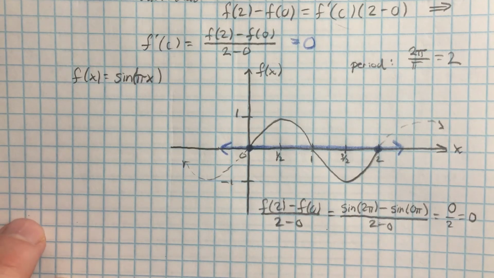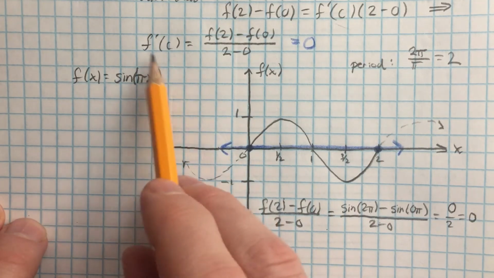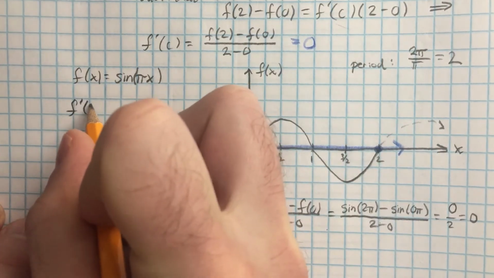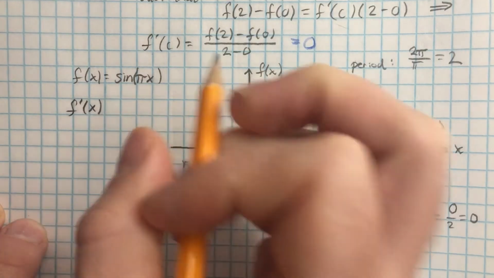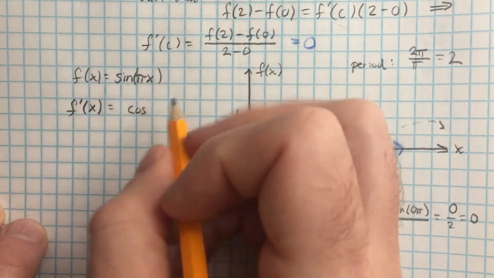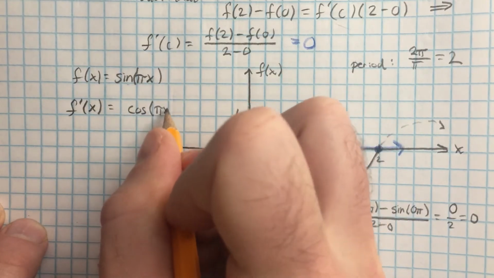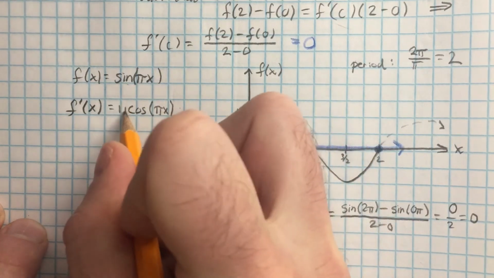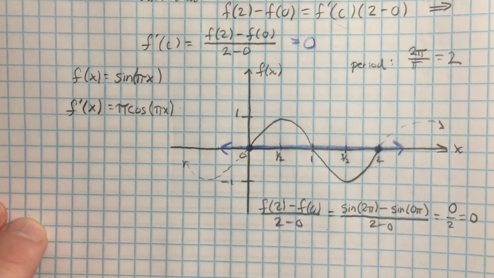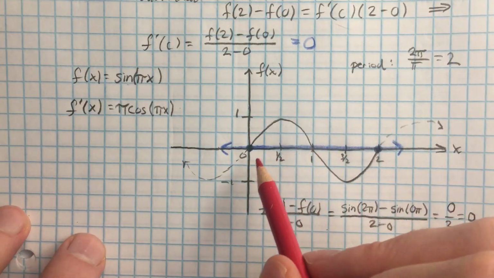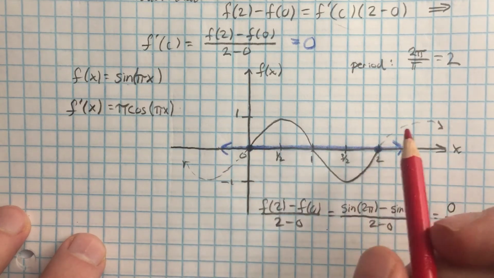All right, so now this is supposedly equal to the derivative of this function, which I guess is clear using a chain rule here. We would have cos, right, the outer function differentiated, inner function left the same, times the derivative of the inner function. The derivative of pi x is just pi, of course. So that derivative should be equal to the slope of this secant. Well, looking at the picture, I'm looking for tangent lines which would be parallel to this blue line.